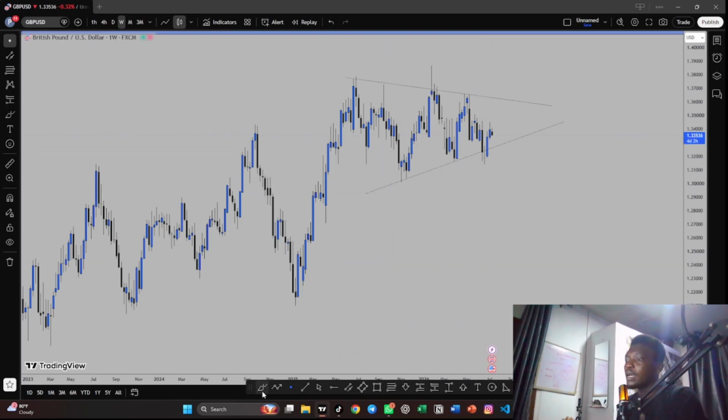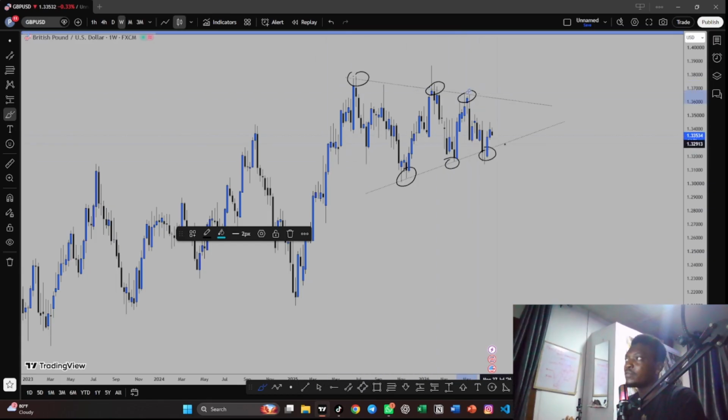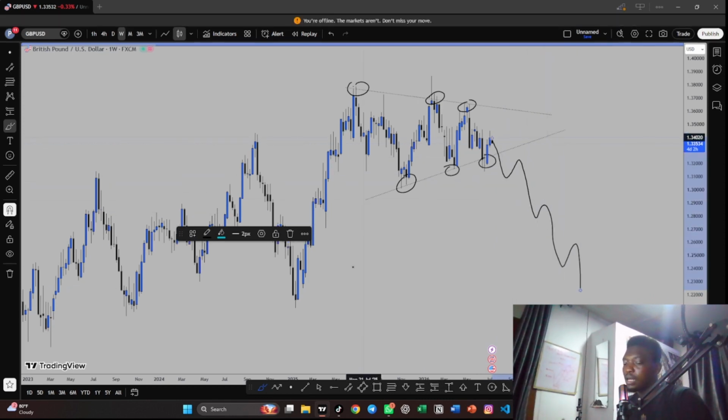One thing we have here is that price is making higher lows, and at the same time we are making lower highs. That is the reason why we have this formation of a symmetrical triangle. Price can decide to shoot up once more before we start collapsing to the downside, or price can actually break below, then we start moving to the downside.